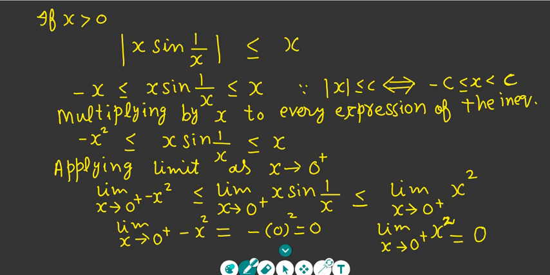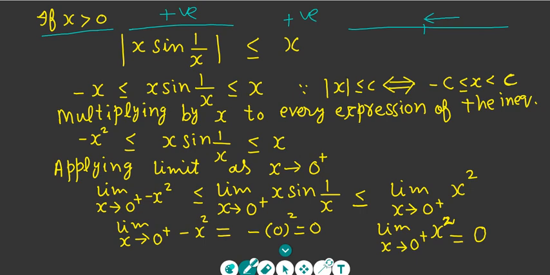Now we take the other case, x greater than 0. By using this we will approach 0 from the right hand side. We know that the absolute value is always positive, and now x is also positive.